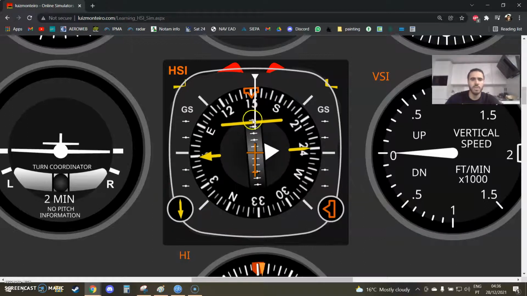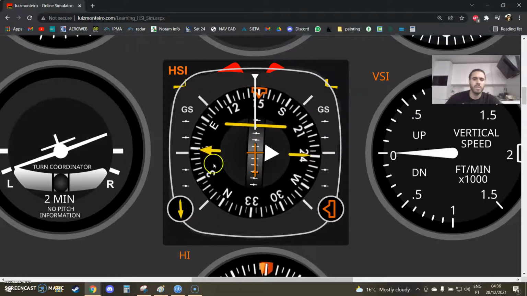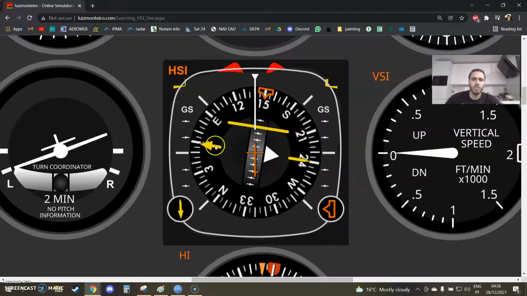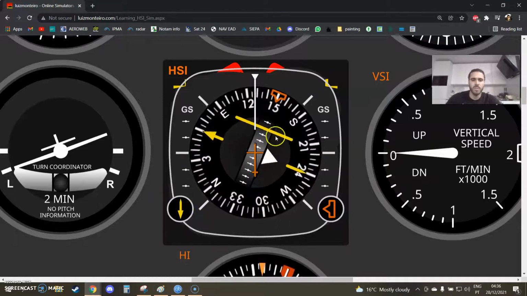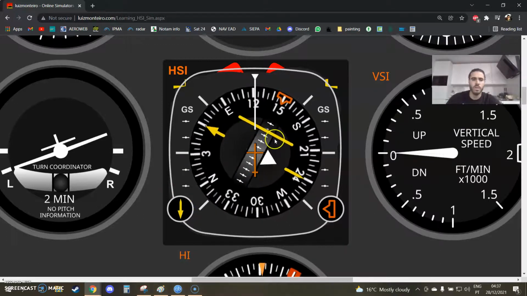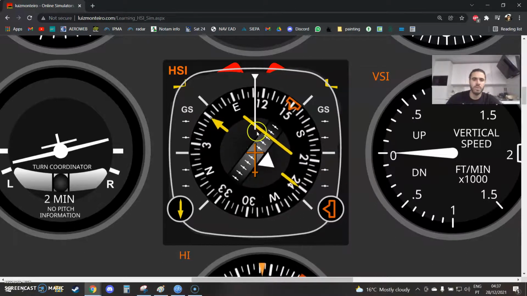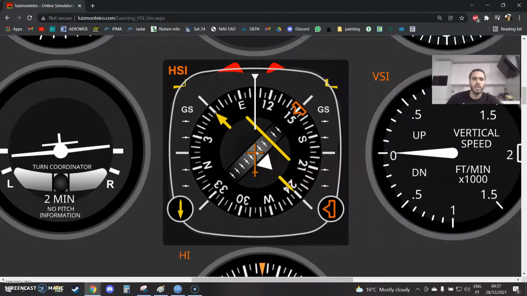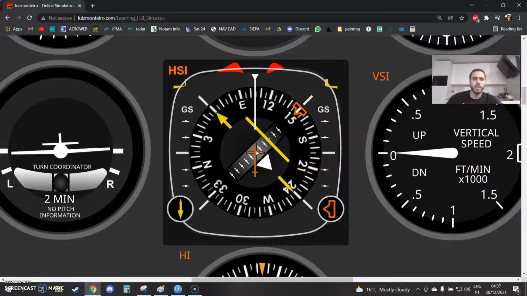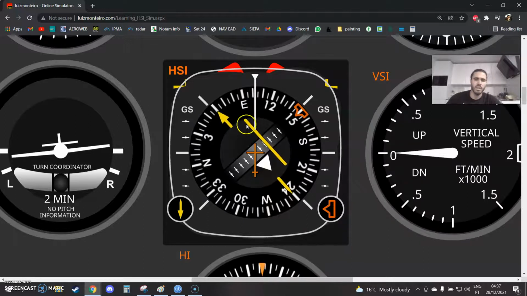Okay, so now we started intercepting it. Now let's say we want to follow it outbound. We are basically just going to follow the needle outbound. Now, guys, one piece of advice: try to follow this last part of the CDI, okay?